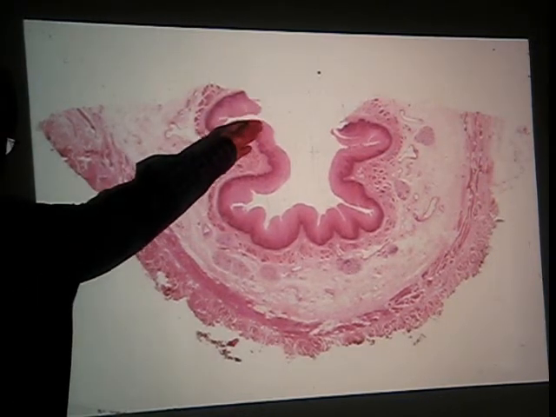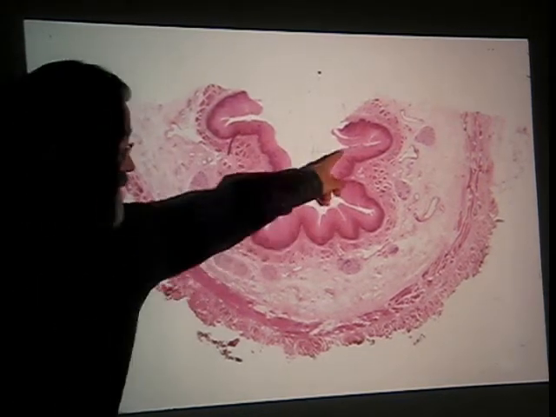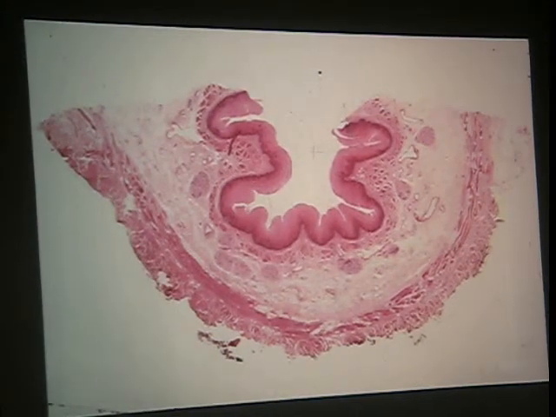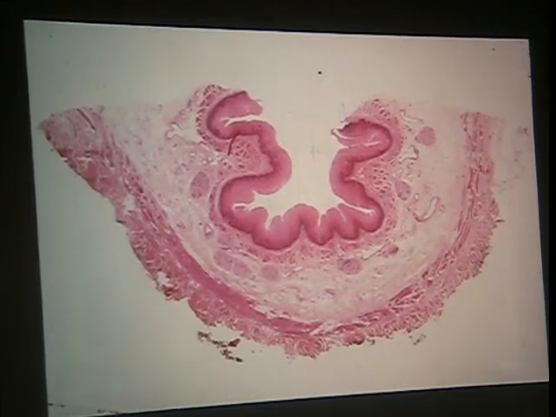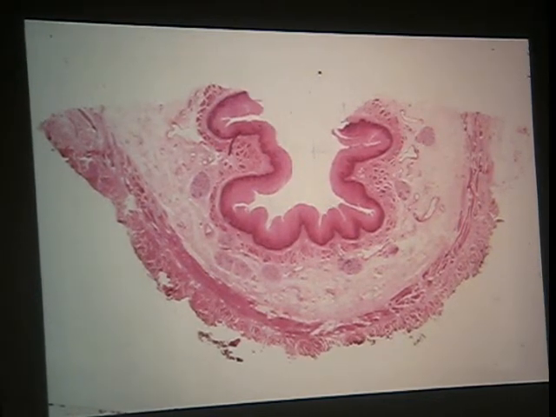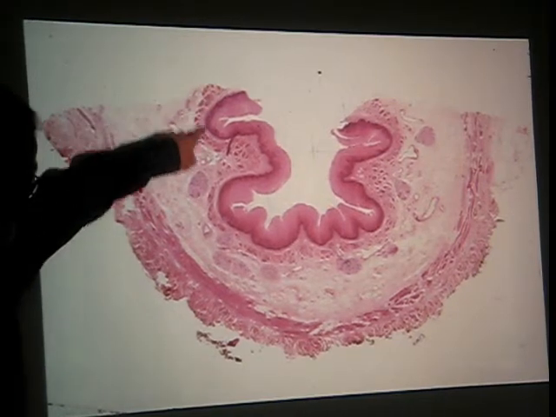It's not a complete cross-section. What kind of epithelium do you think that is? Non-keratinized, good. Do you see a muscularis propria? Right, out here. What about a muscularis mucosa? And look how big it is.